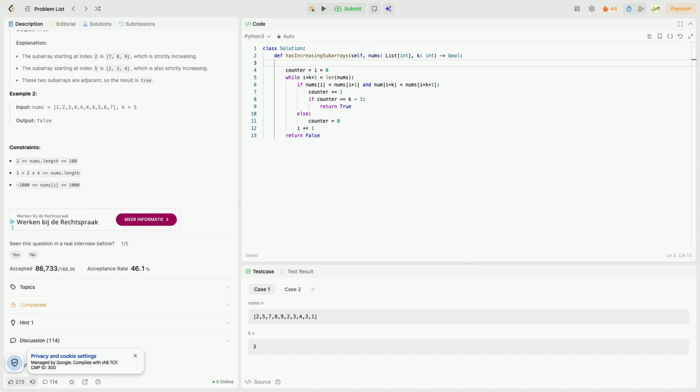So that is an edge case that we have to take care of, and we'll just have a little check. If k is equal to 1, return whether the length of nums is larger than or equal to 2, which it is, so we just return true. The reason this is an edge case is that we need two numbers to be able to compare them. Right, so let's run the test.